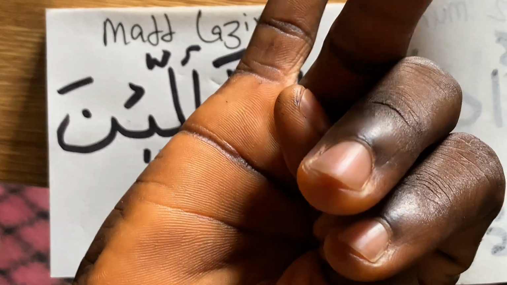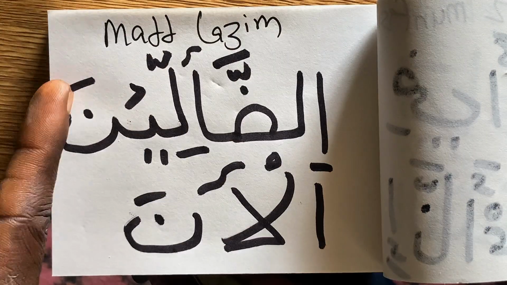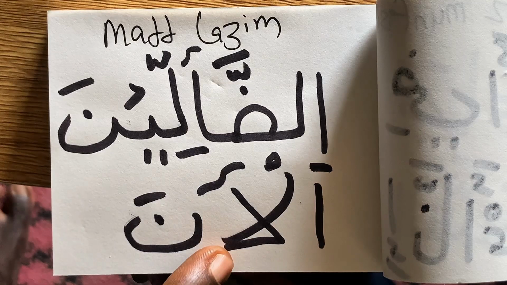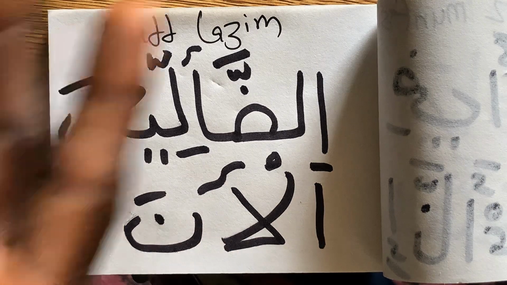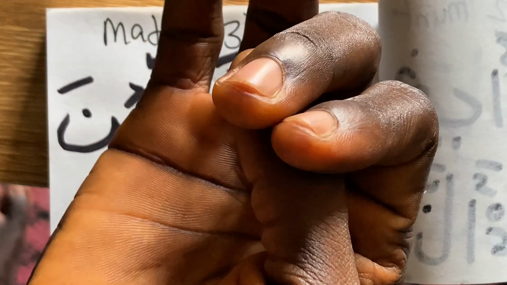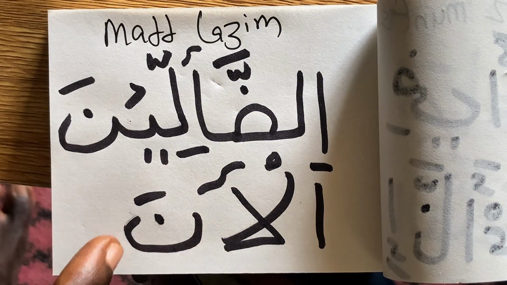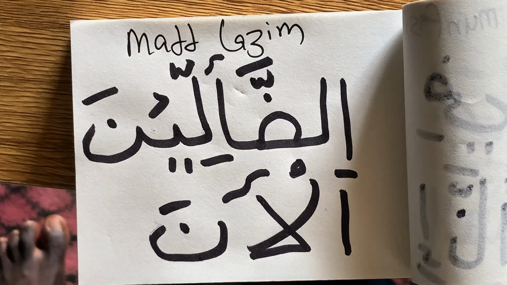Dallin. Then the second example, al-an. So maddi lazim must always be stretched 6 counts, always 6 counts.